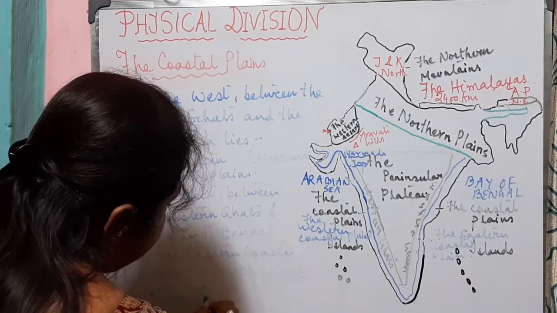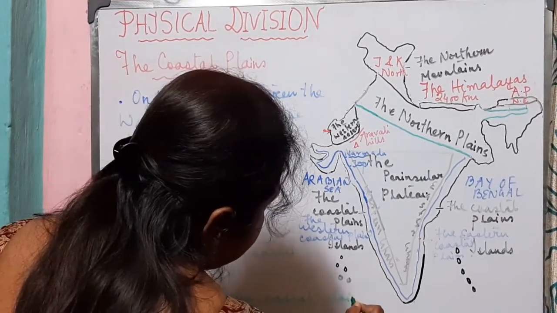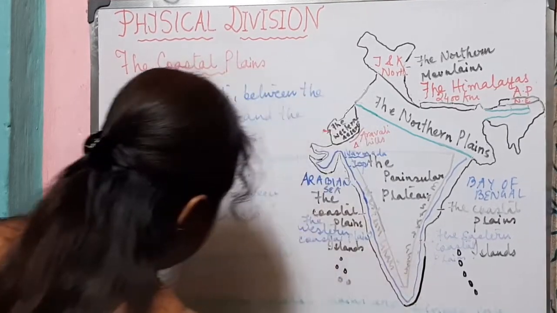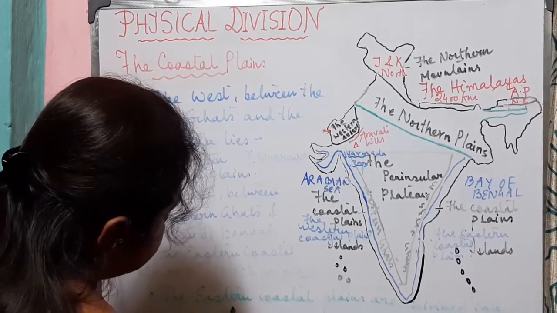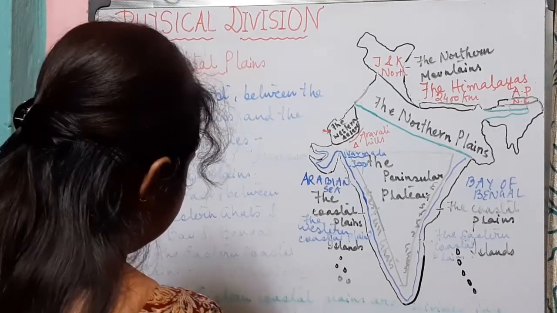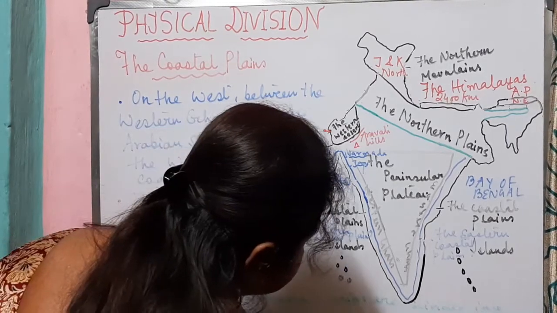The eastern coastal plains are divided into two main parts: the Northern Sircars to the north and the Coromandel coast to the south.